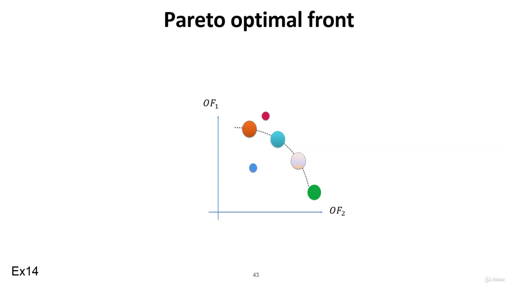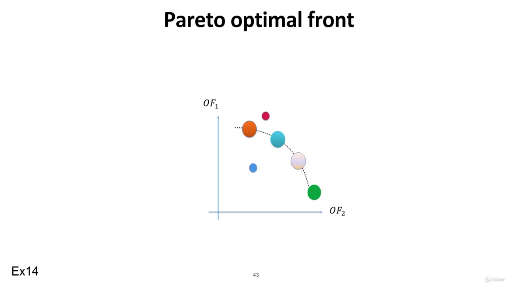We have to run the optimization again. But now we want to find the set of solutions, as you can see here, those connected with dashed lines, in a way that if your weighting factor changes, you can change your solution. It's not necessary to run the program again.